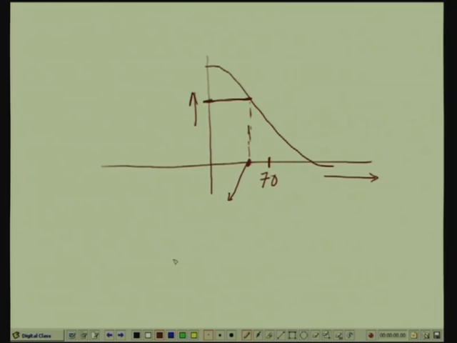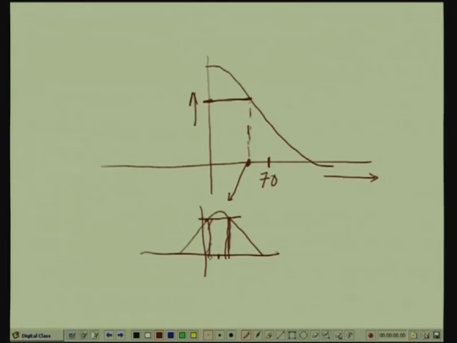Now, suppose there is a curve and a curve is of this form, say something was like this, and a particular membership value is actually cutting this curve in 2 points, here and here. So, which one will I take? There are different ways. I can take the midpoint of this, or I can take the center of gravity method.